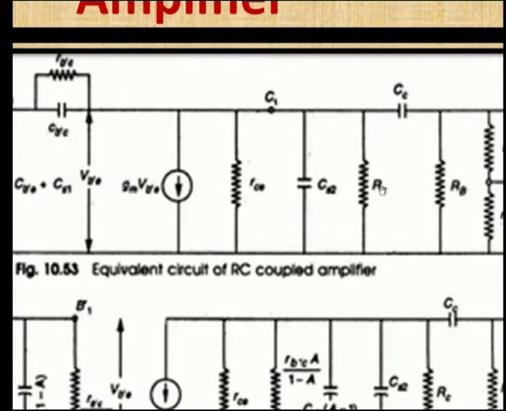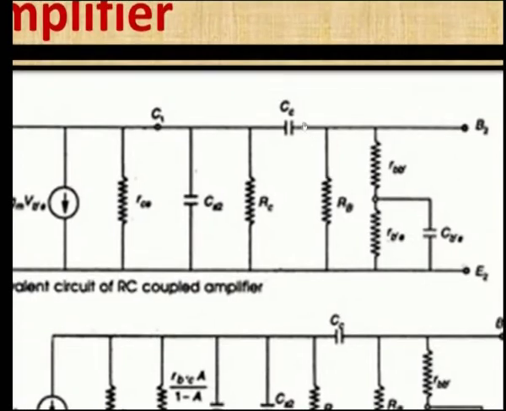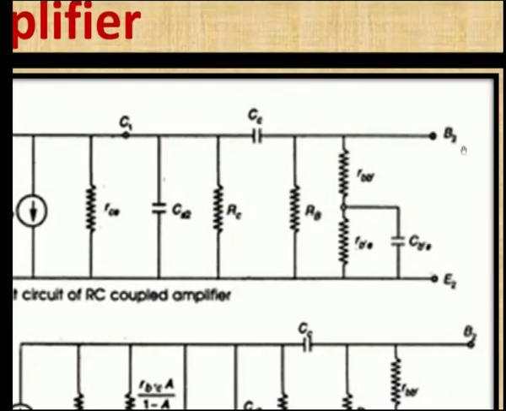Otherwise you can say this is the resistance at the collector of Q1. So until here all the parameters give the details of the first stage of the amplifier, and after this coupling capacitor these are the parameters of the second stage of the amplifier.